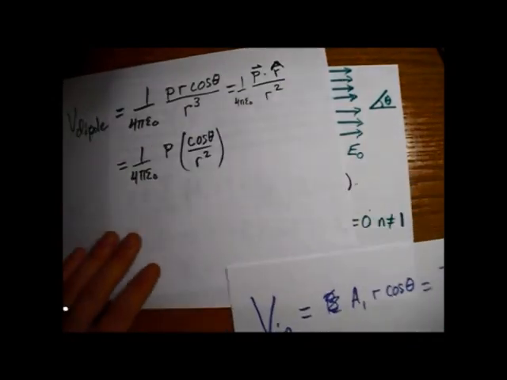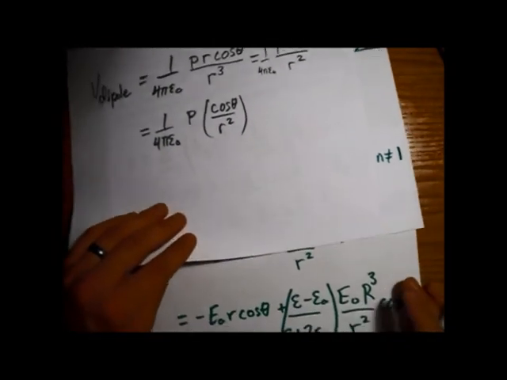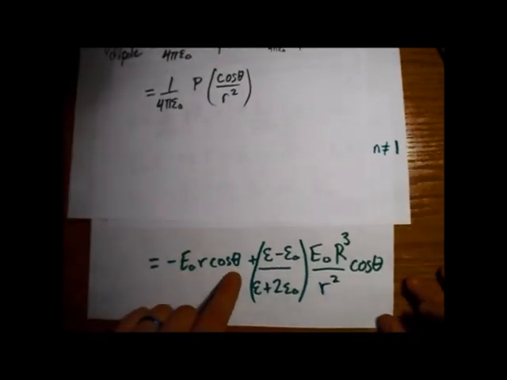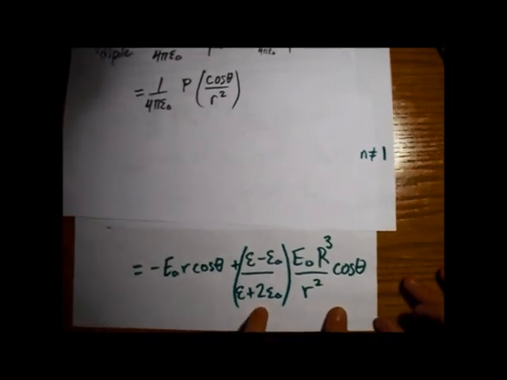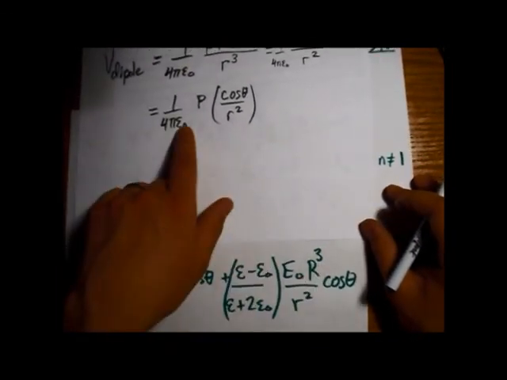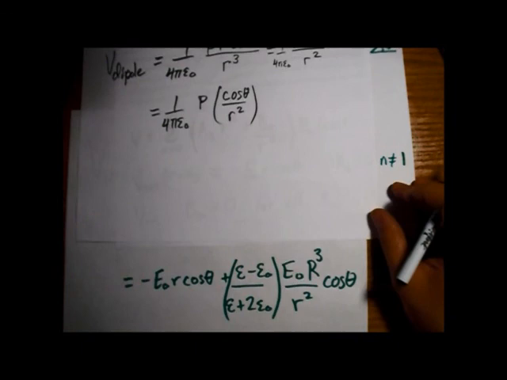Okay, so just a note about that before we move on. Here's our term for the constant potential that we had, and here's our term for the sphere. So we're comparing this to the dipole to get the dipole moment of this sphere.